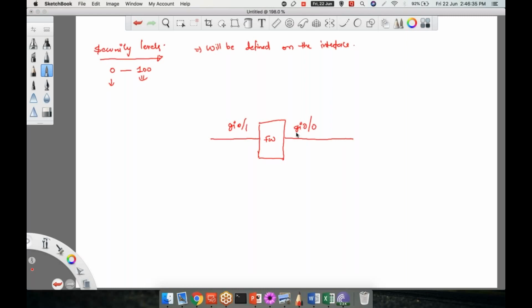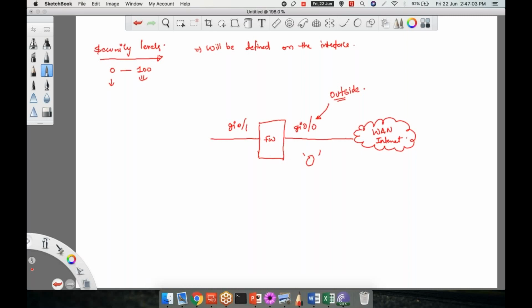The last digit 0 represents your outside. This is an interface going to my untrusted world, towards the WAN, towards the internet where the hackers are present. So by default, the security level will be the least one, 0. That means on this interface, I don't trust at all.